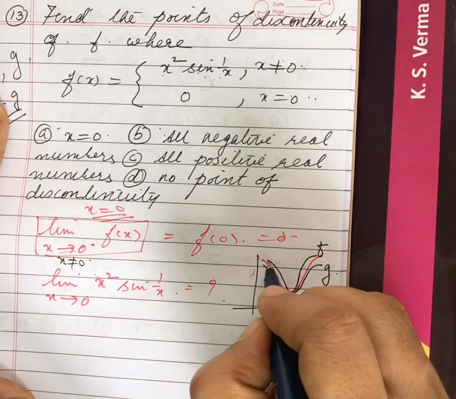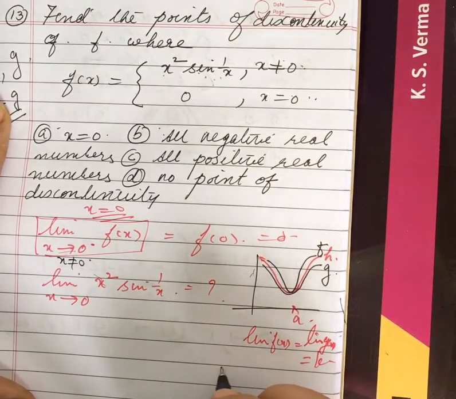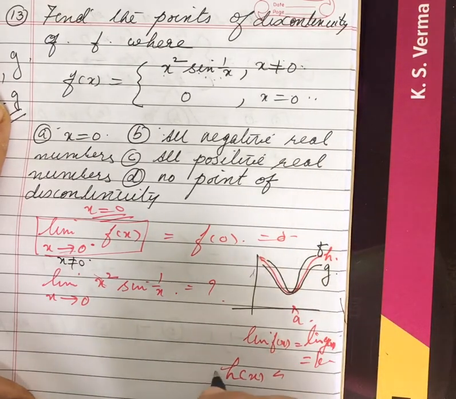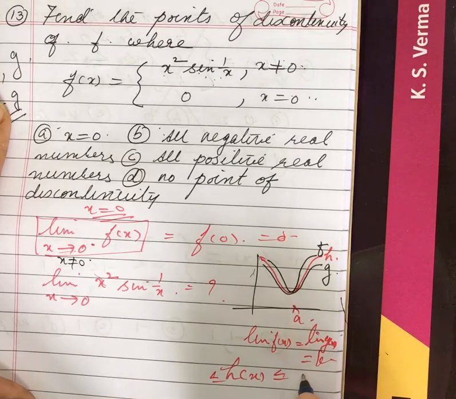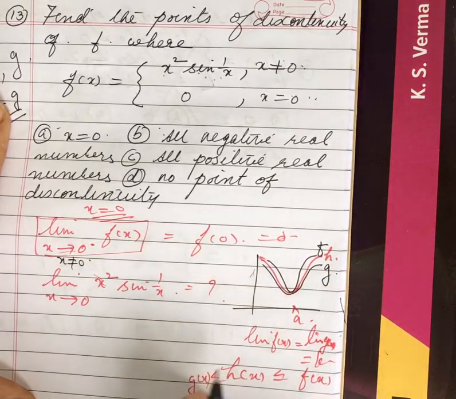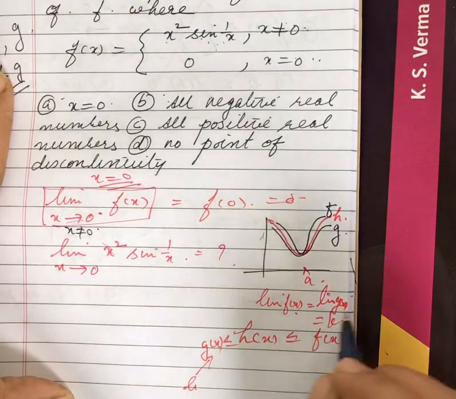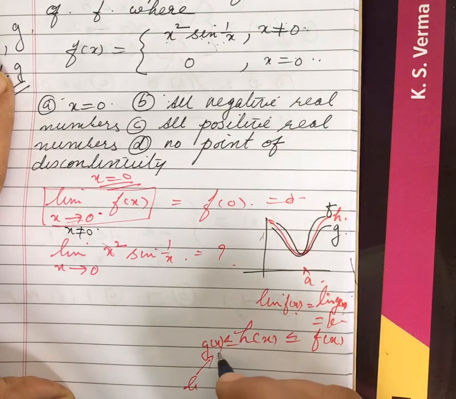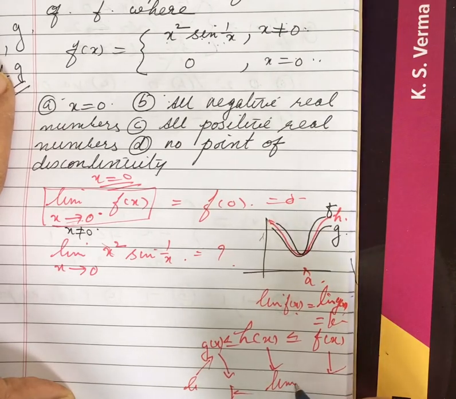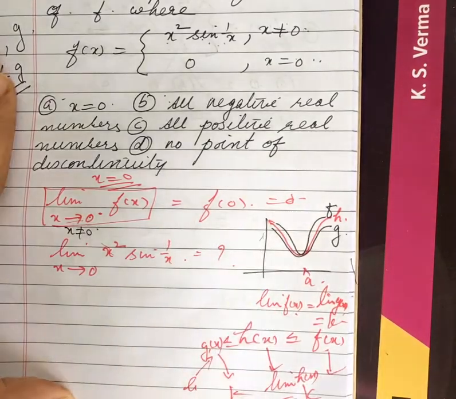Wherever h is coming, this h of x is lying between g of x and f of x, and the limits of g of x and f of x are equal to k. Then the Sandwich Theorem says that limit of h of x is also the same as the limit of g of x and f of x.